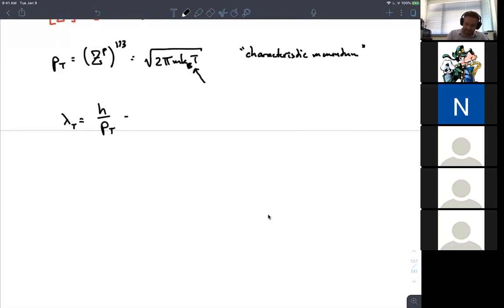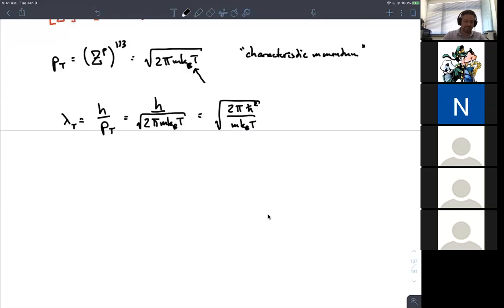What this characteristic wavelength is, you just plug that formula in, and this is h over the square root of 2 pi m kBT. And then just to be thorough, because it shows up so frequently, we can also express this in terms of h bar instead of h. Another way you can express this is the square root of 2 pi h bar squared over m kBT.